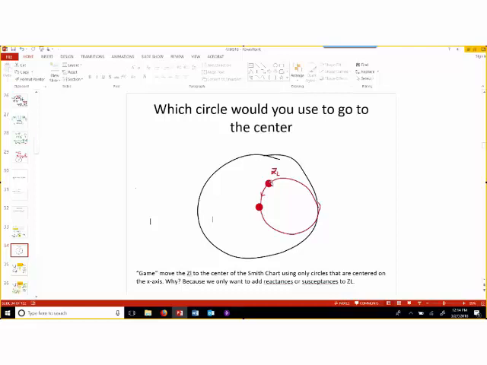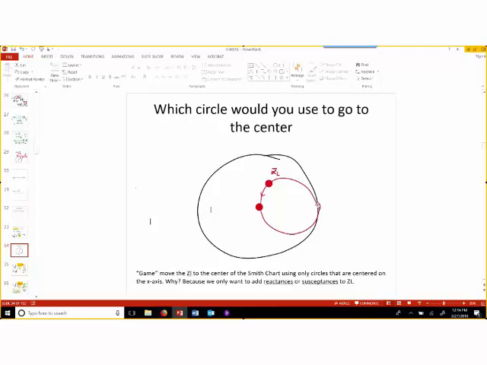The goal of the impedance matching exercise is to start at this 1 plus j1 point, which is somewhere over here, and wherever that dot is on the Smith chart, move it to the center.